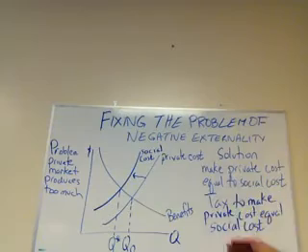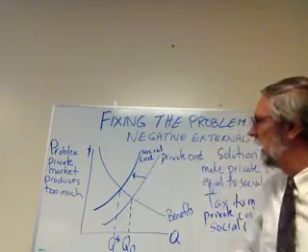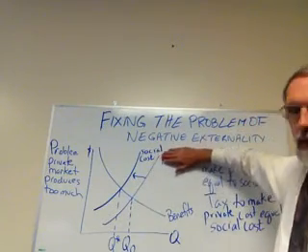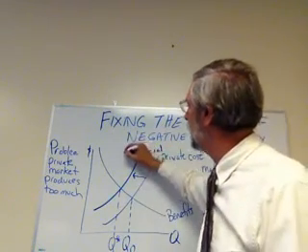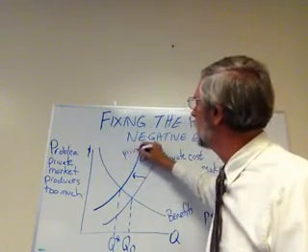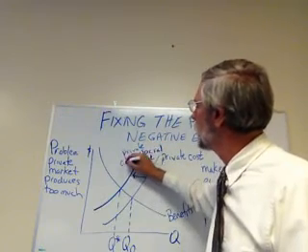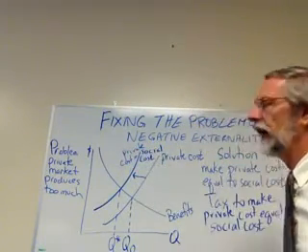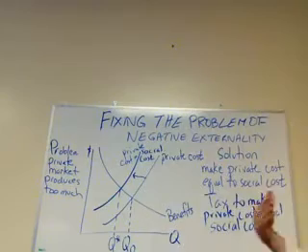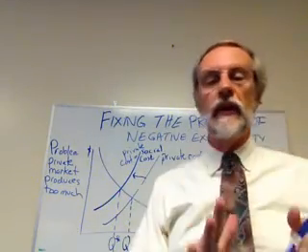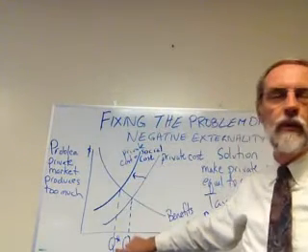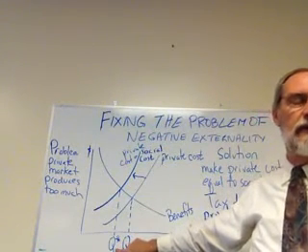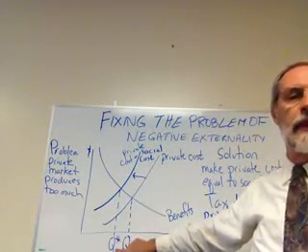And what happens then? This goes away, this goes away, and now the private cost is equal to the social cost. And now the producer, paying attention to its cost, including the tax, will now produce the quantity Q star that is the right amount for society.